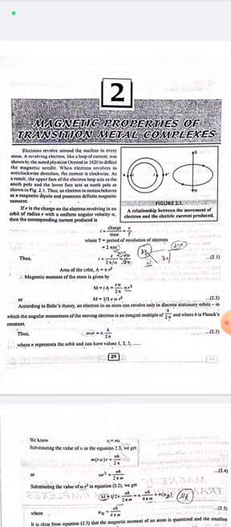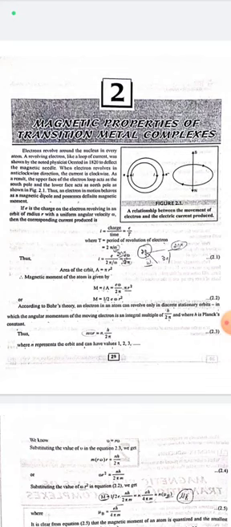I is equal to e by 2 pi by omega, that is, I equals e omega divided by 2 pi. Area of the orbit A is equal to pi r square. Magnetic moment of the atom is given by m equals I A, which is equal to e omega by 2 pi into pi r square, that is m equals 1 by 2 e omega r square.